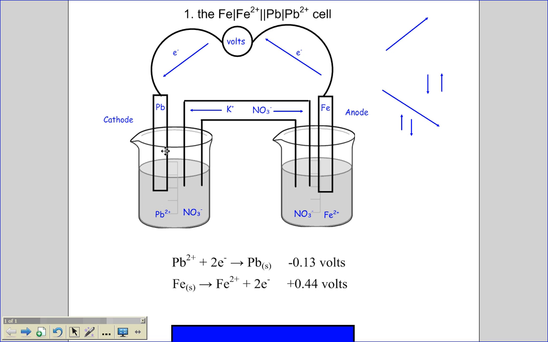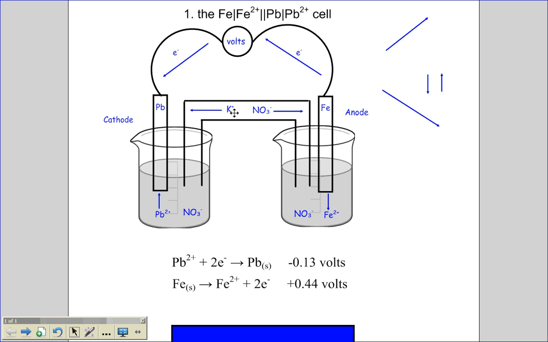So when the electrons move from the iron to the lead, this piece of lead becomes temporarily negative, which means it attracts the lead ions out of solution. And as the electrons leave the iron, that means it releases iron ions into solution.